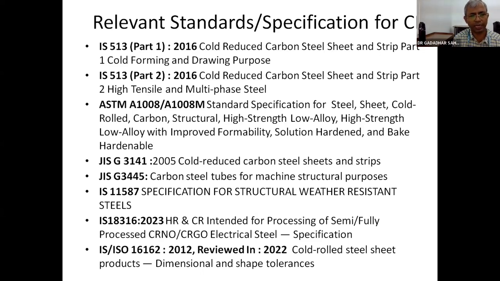The plant was also meant for CRGO, but somehow it was not stabilized, so we are producing CRNO over there. But we can also supply the CRNO semi-processed steel from our CRM3 mill. Earlier we had supplied from Bokaro Steel Plant. Just now I saw an inquiry has come from Faridabad.